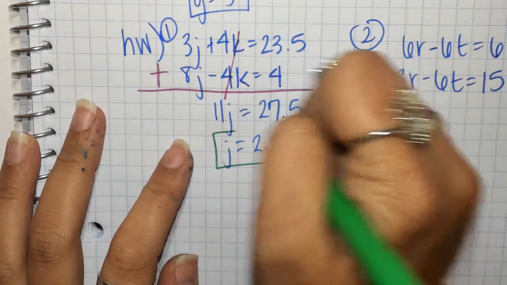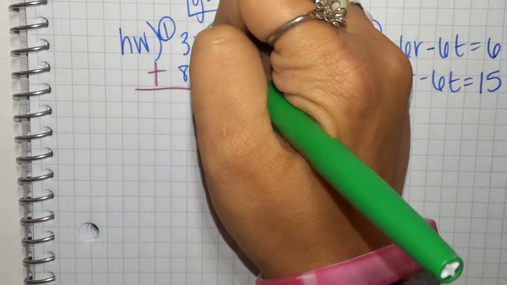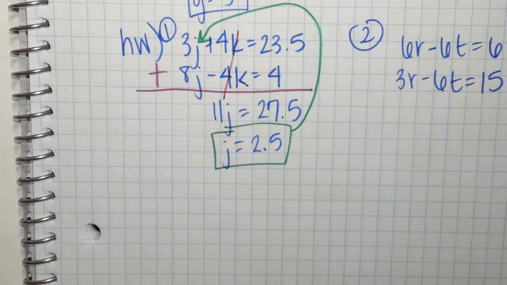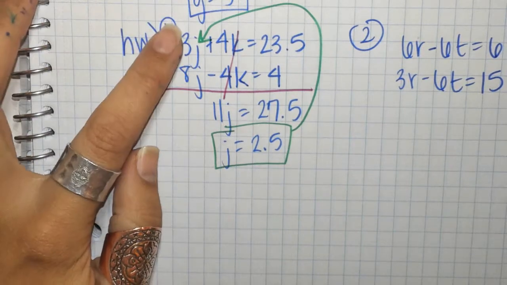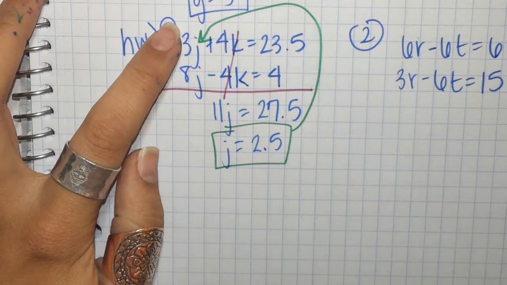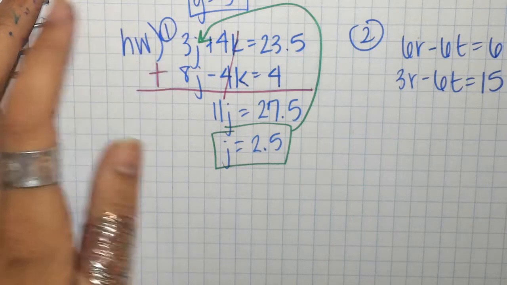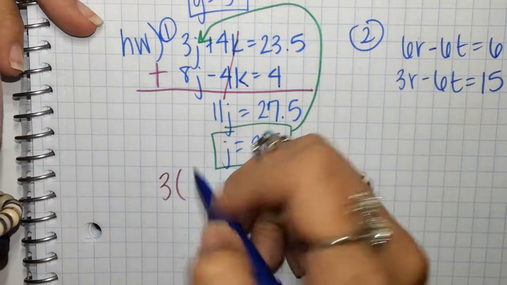Now that we have J, what else do we have to find? Does it matter which equation I plug it into? So then we write it as 3 times what? What's J?